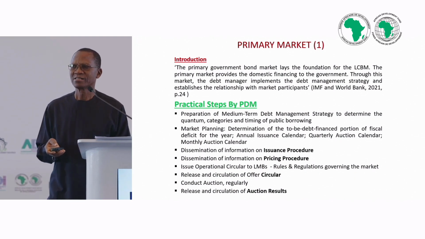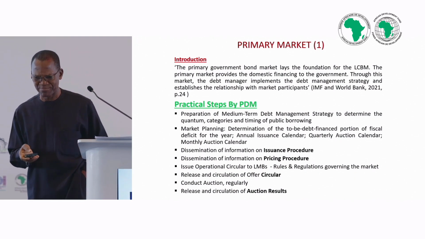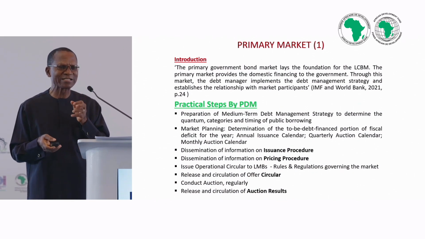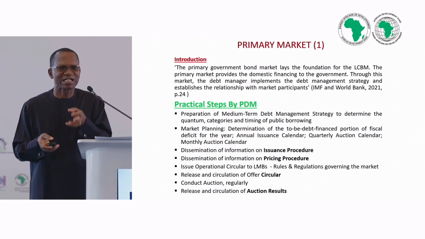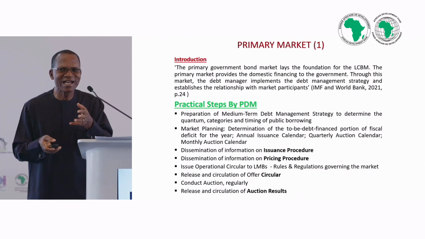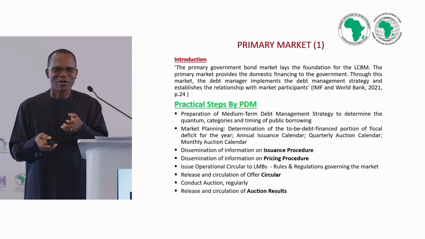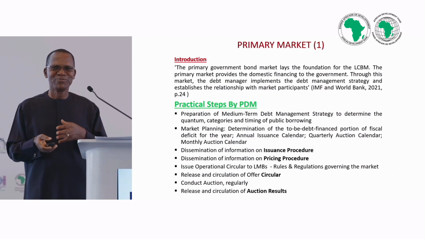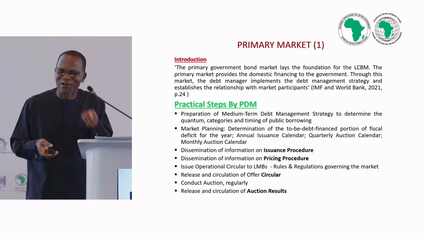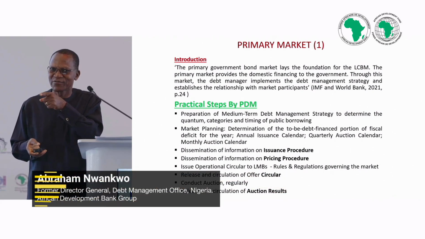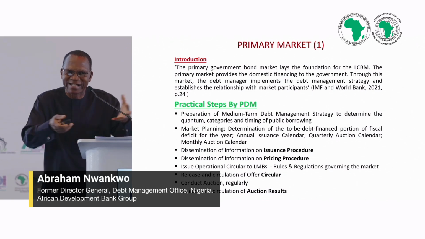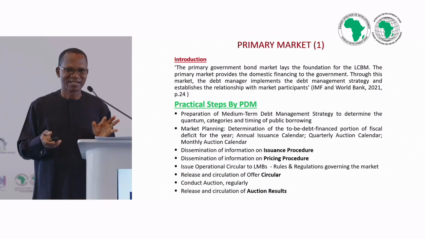Therefore, the DMO has to prepare a medium-term debt management strategy, because one of the ultimate products of a medium-term debt management strategy is that it will say how much should be borrowed, under what terms and conditions, so that the borrowing will be at a minimum cost to government to achieve the objective for which it is being borrowed, within an acceptable risk limit.